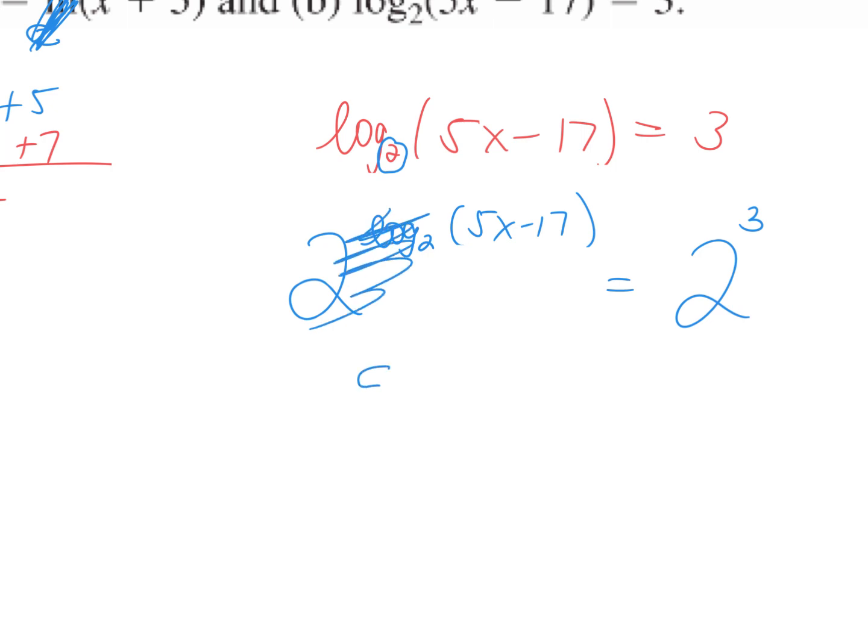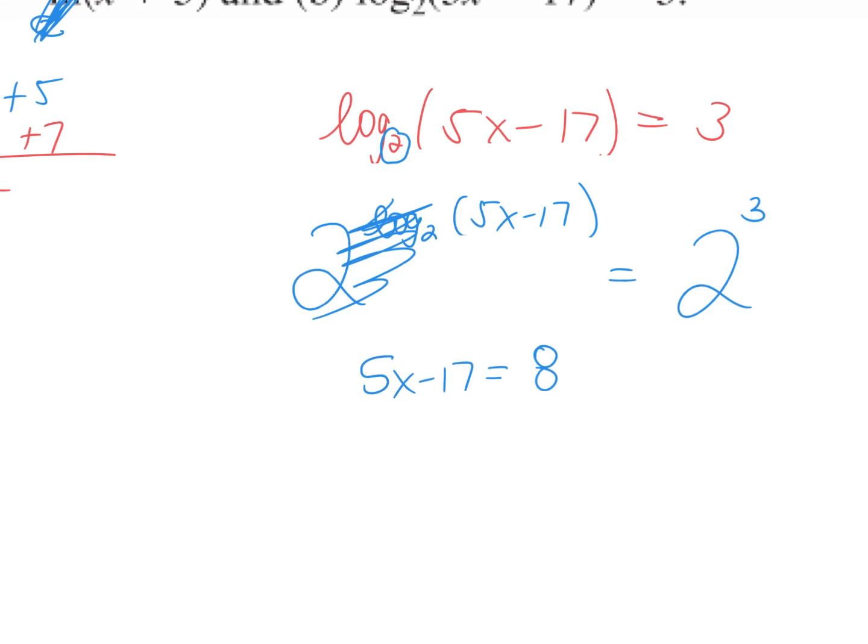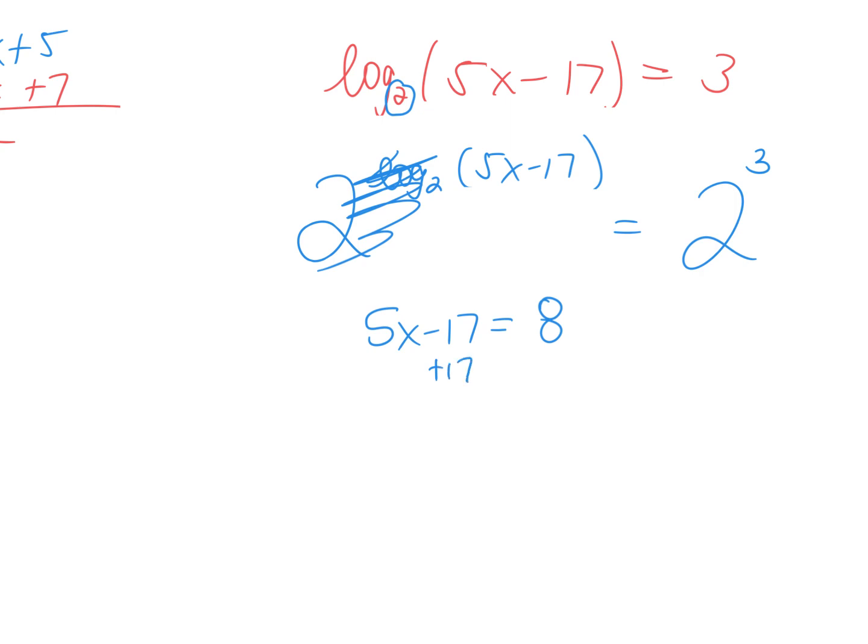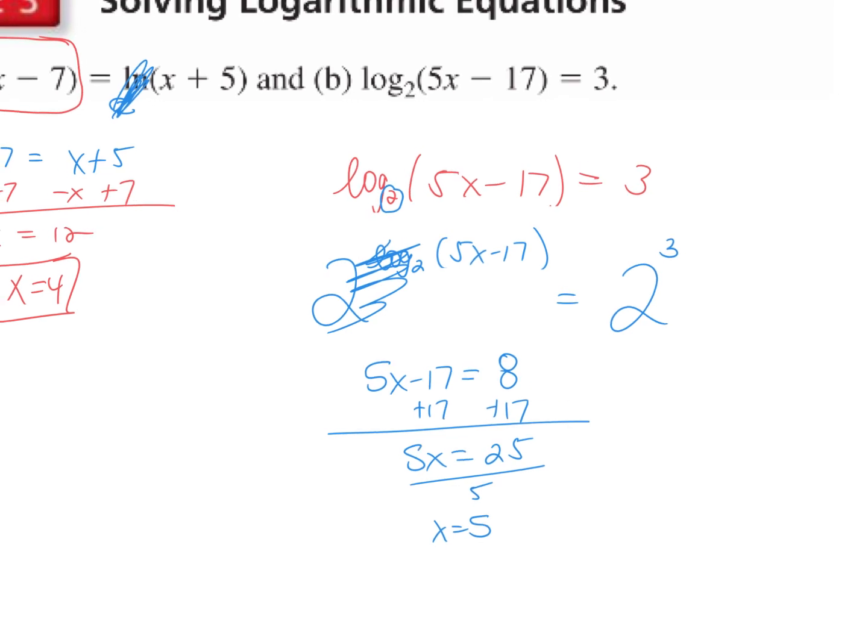So you're left with 5x minus 17 equals 8. 2 cubed is 8. And now what do we do? We're going to solve. Add 17 to both sides. 5x equals 25. Divide by 5 and x equals 5.